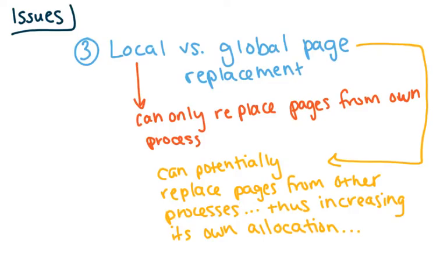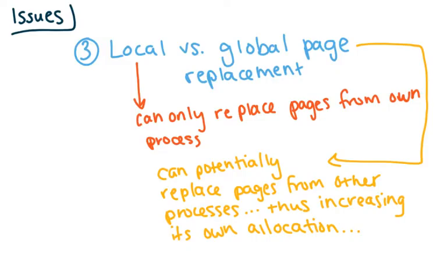The last issue is local versus global replacement, and I kind of hinted towards this at the beginning. The idea here is that there are two different types of page replacement. We talked about general page replacement in the page replacement video, and I didn't really talk about the difference between the two because it doesn't really matter unless you're thinking of it in the sense of frame allocation.